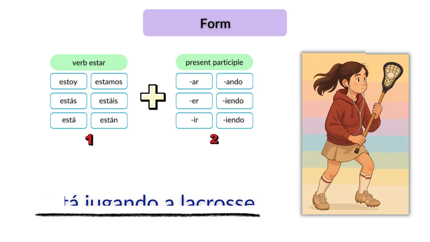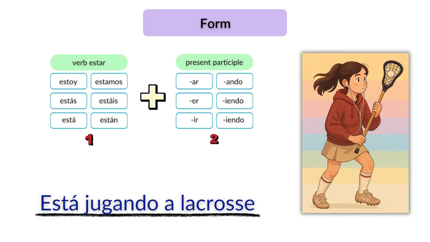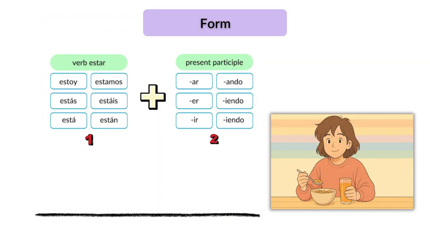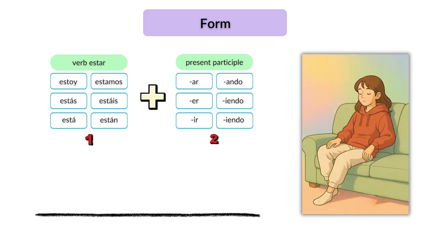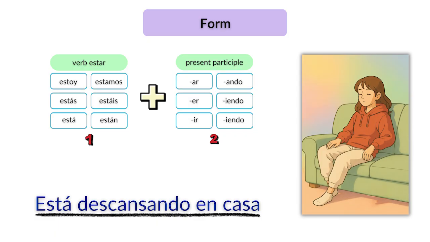The answer is está jugando a la cross. Next one. ¿Qué está haciendo? Está comiendo cereales. Please notice how I'm using está because the subject is she is eating, so it's está. ¿Qué está haciendo? Again, we are using está descansando en casa.